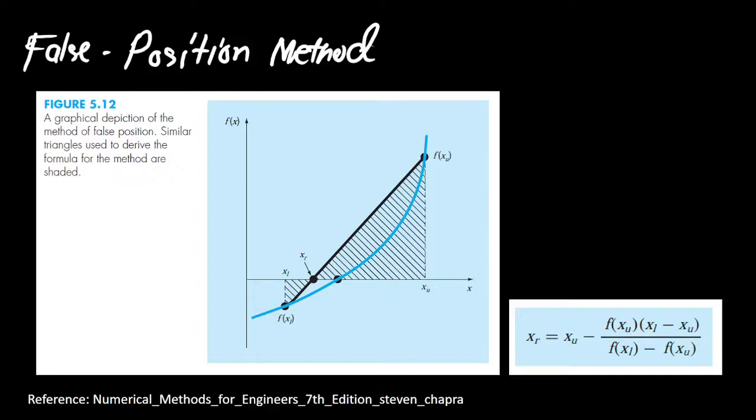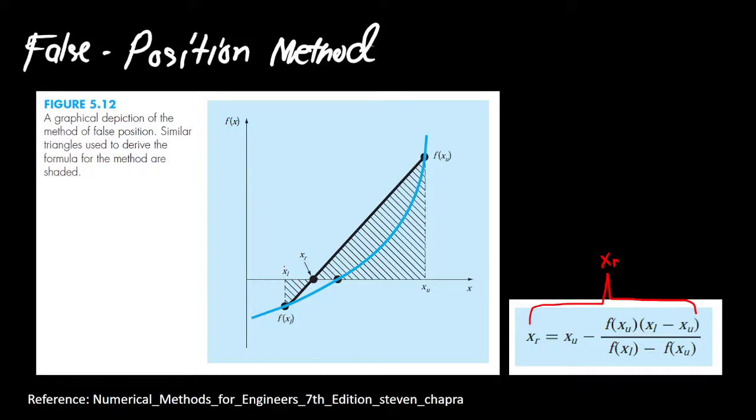So that is what I mean by the formula. You need to execute this formula to find your XR, and this equation is just making a line out of the two brackets.